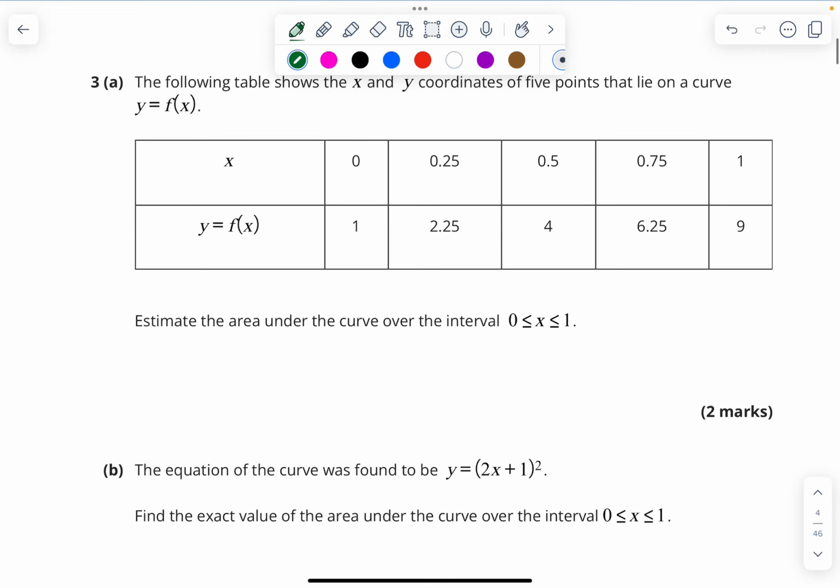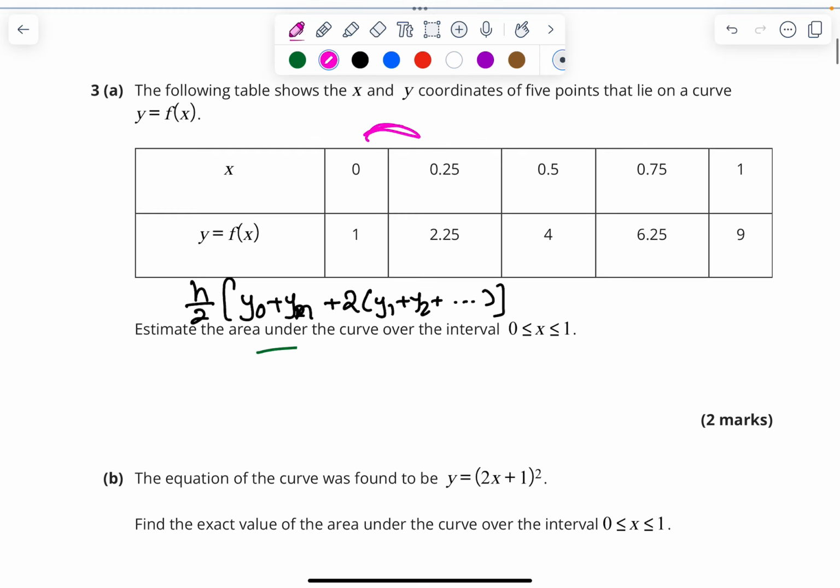Coming to question number 3, find the area by the trapezium rule. What is the formula for the trapezium rule? h upon 2, first term plus the last term plus twice the remaining terms, y1 plus y2 and so on. What is h? The difference between any two successive intervals is going to be h.